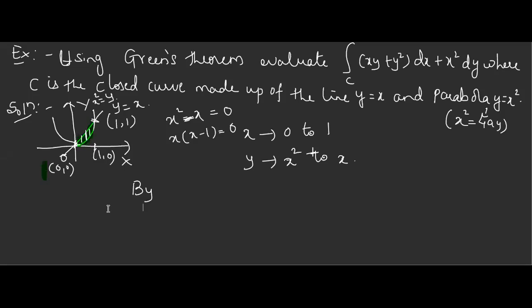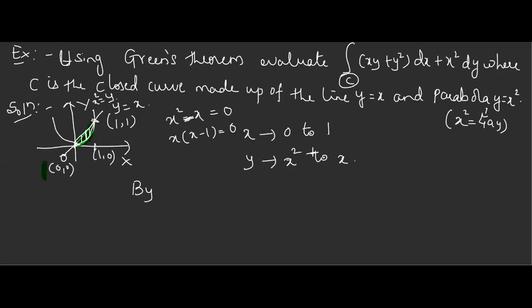Bounded by C. See what is the meaning? This is our region. This region is A. What is its boundary? Its boundary is C, and that is what we are performing the integration along. We are not taking the remaining part, we are taking just the region. Bounded by C, x varies from 0 to 1 and y varies from x square to x.